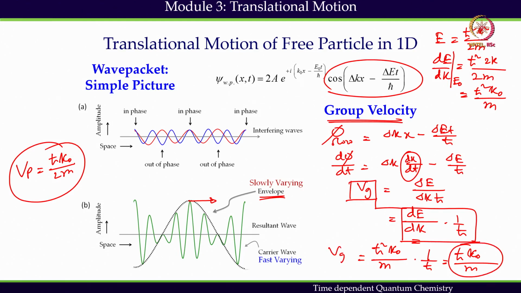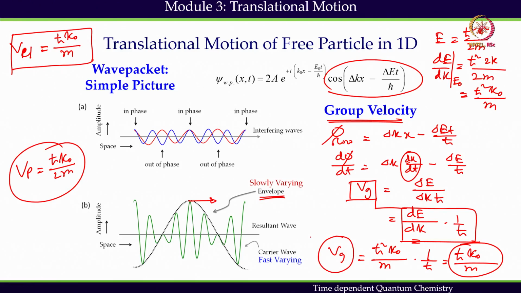If I compare now with the previous classical velocity, which was calculated to be h cut k naught by m, what we see is that the classical velocity is actually represented by the group velocity.